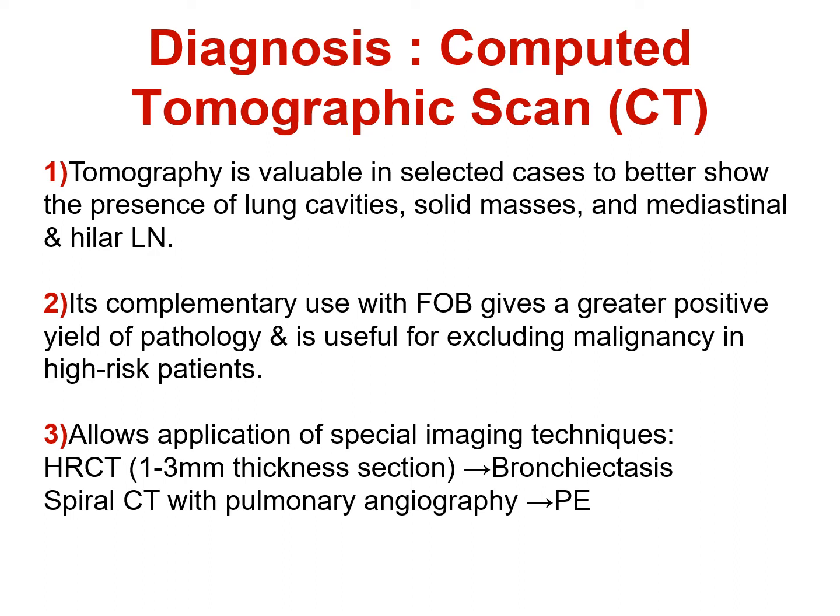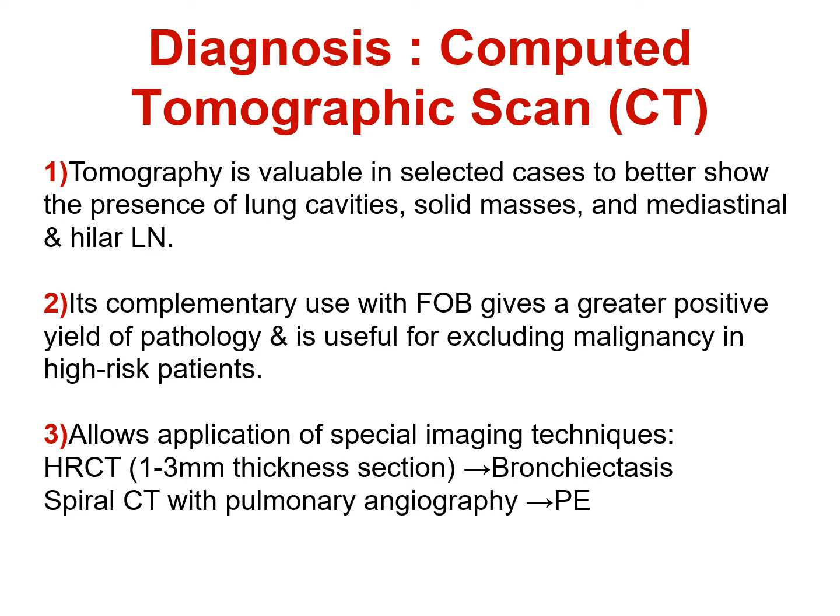We have multiple types of CT. It may be high resolution CT, which means the thickness of the section is from 1 to 3 millimeters, and it is useful in cases of bronchiectasis. Also, spiral CT with pulmonary angiography, or CT chest with contrast with thin cuts on the pulmonary artery, is useful in cases of pulmonary embolism.